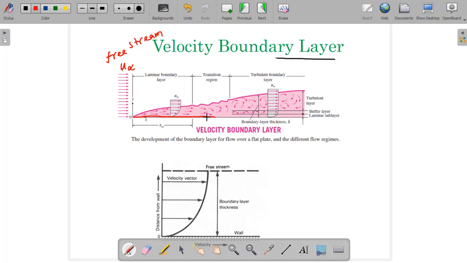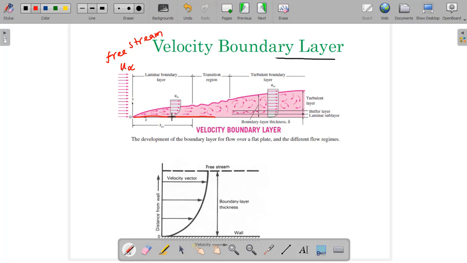What we are going to observe here is that there is a region very close to this solid surface, that means this flat plate, where the viscous effect is significant. Or in other words, very close to the solid surface there is a region where the velocity gradient is significant.